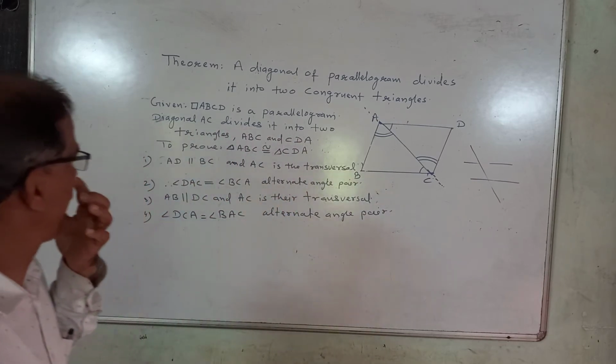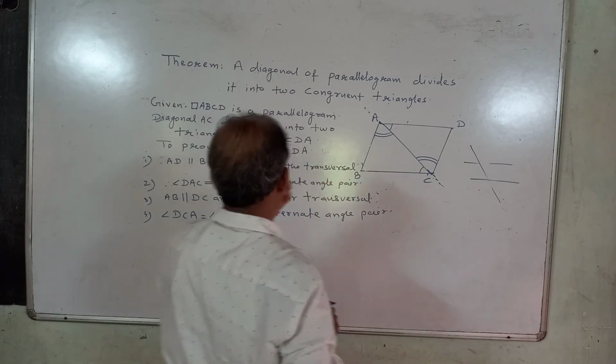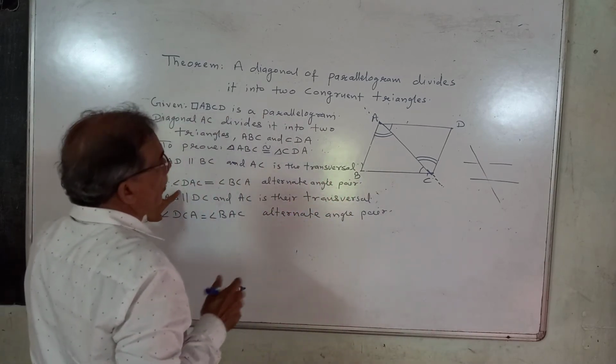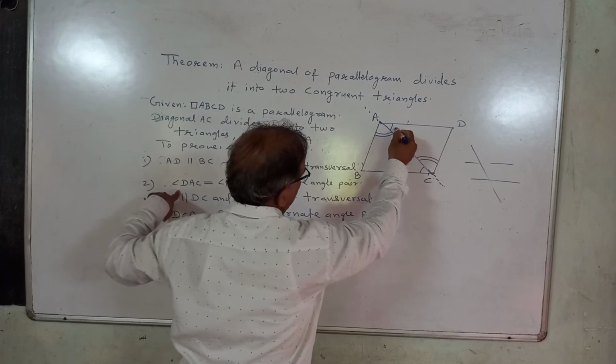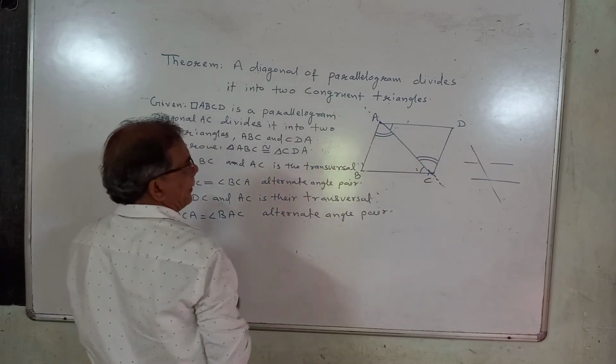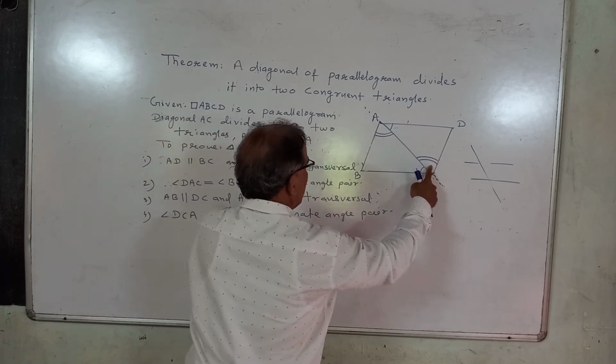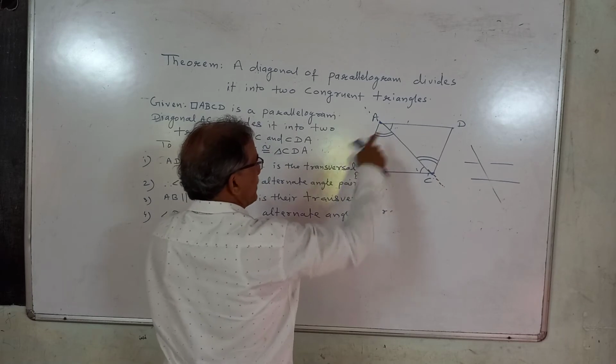Now see, in triangle ABC and ADC, first we have written this angle A of triangle ADC equal to angle C. Then we have taken this pair, this angle C of triangle ADC equal to angle A of BAC.